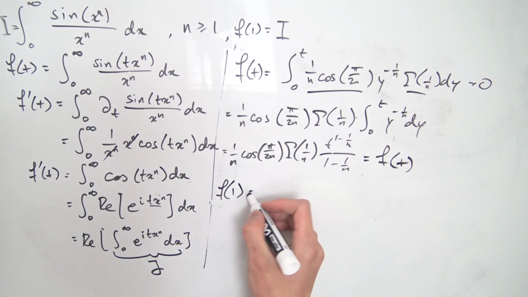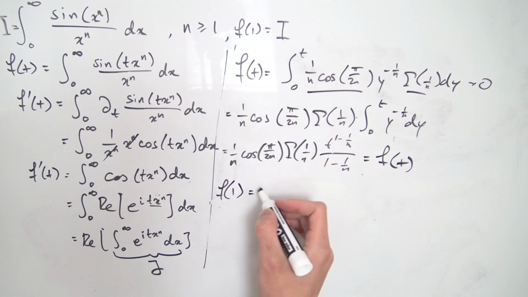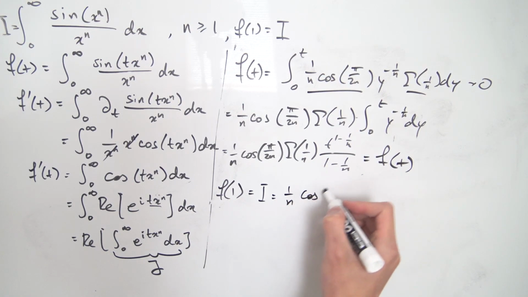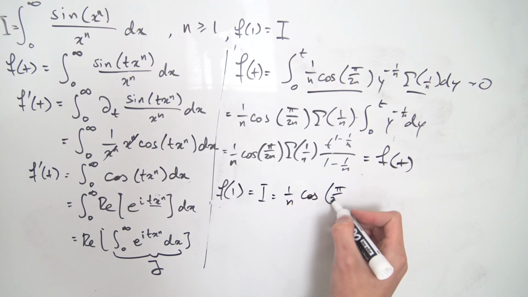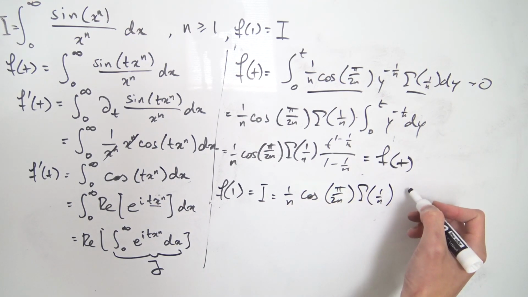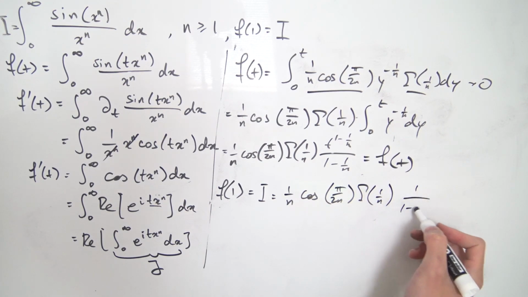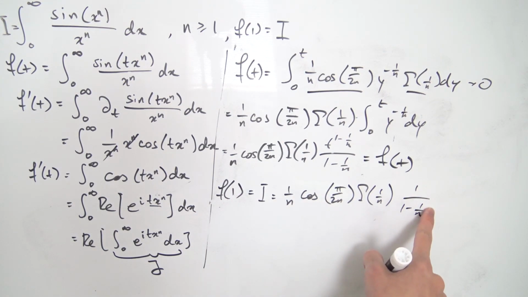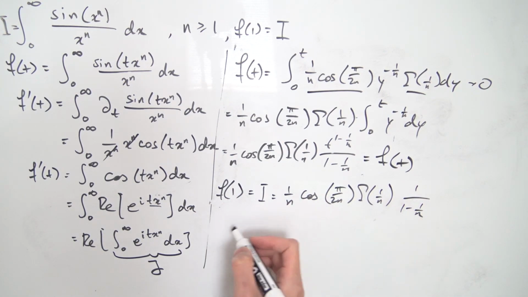So, in fact, f of 1, remember that's our I, is equal to 1 over n cosine of pi over 2n, gamma of 1 over n, and then we're going to have 1 over 1 minus 1 over n. The nice thing is, if we multiply this n into this denominator, we can cancel some stuff out.